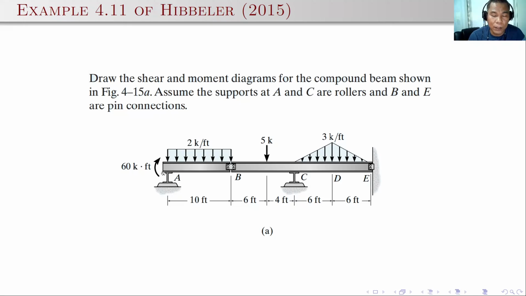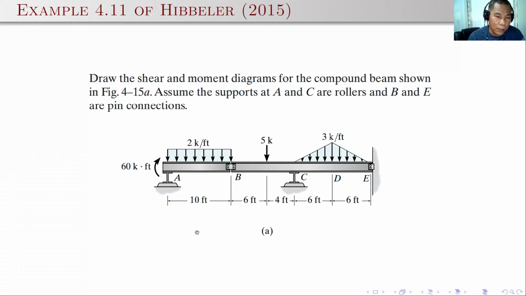Of course, if you just follow the formula for determining the determinacy of this one, you will know. You can count mentally. We have two members here, AB and BE, and then the reactions will be 1, 2, 3, 4, 5, 6. Six plus the number of members, that's 2, so we have 8 compared to 3n.